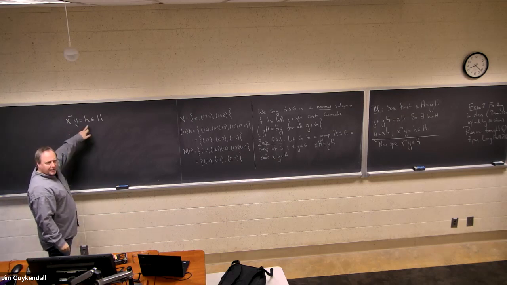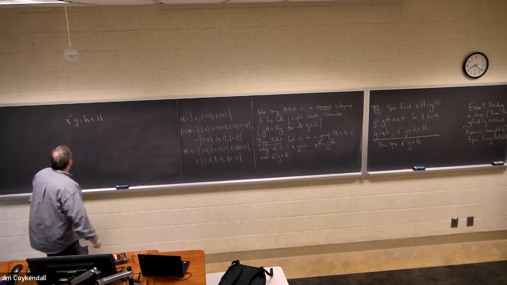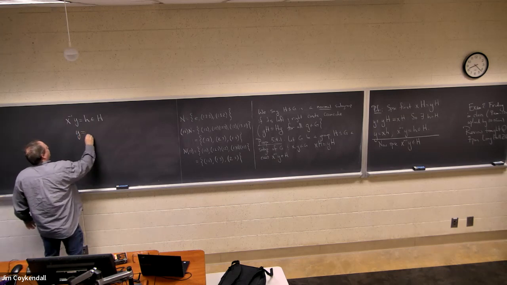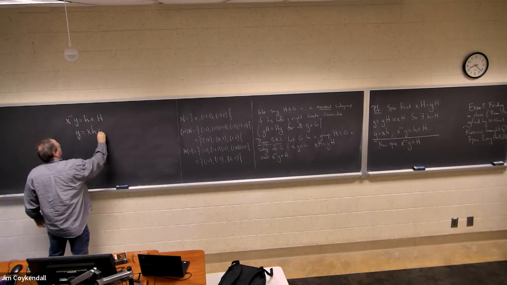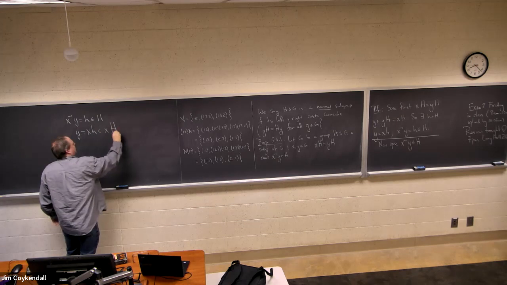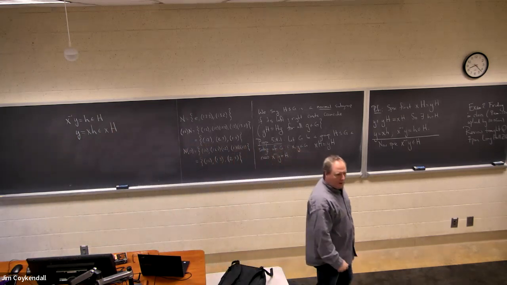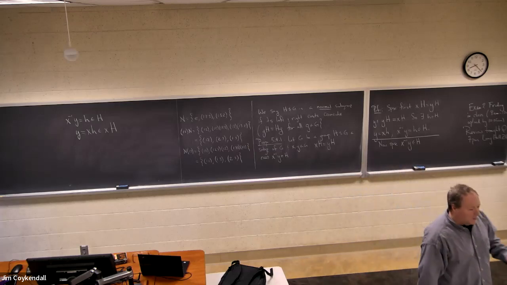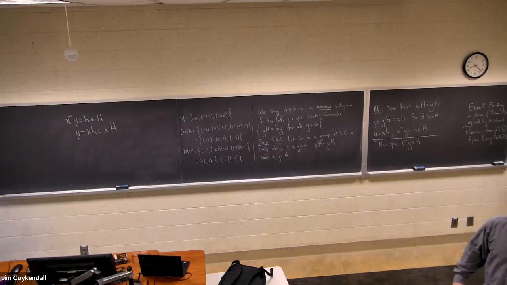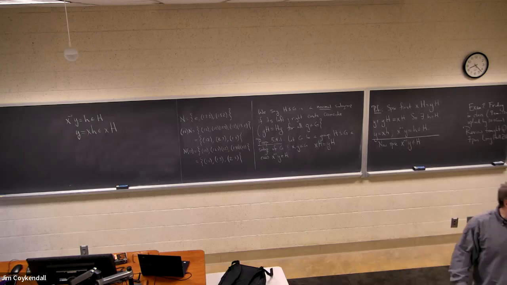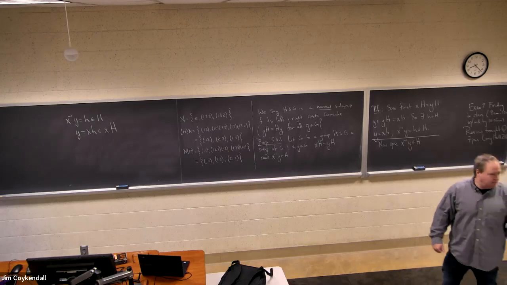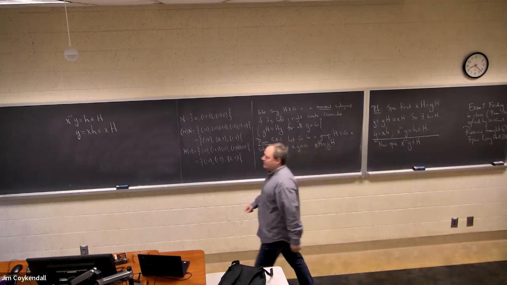X inverse Y is some h in H. This means that Y equals Xh, which is in XH. So that first little bit tells me that Y lives in the state XH. Agreed? Y has to live here.